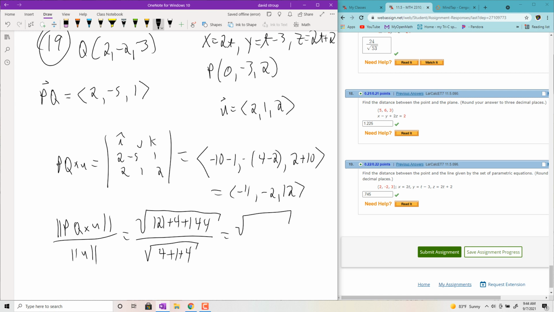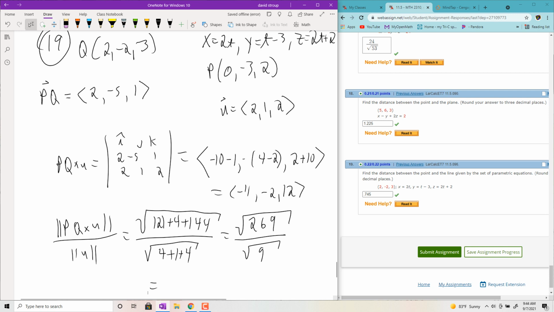In the numerator, I got 121 plus 4 plus 144. Not messing around, using a calculator. 269 all over the square root of 9, which of course is 3. What do they want? 3 decimals. Let's make sure it's right. Square root 269 divided by 3 is not the appropriate answer.